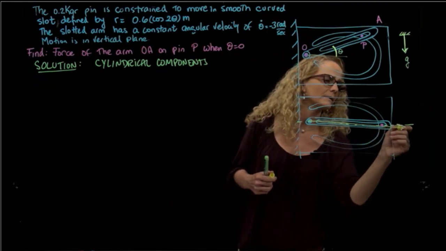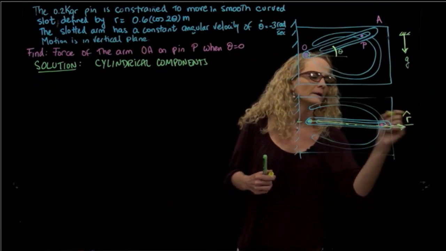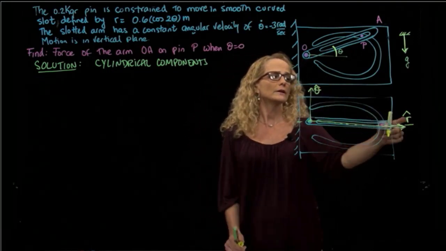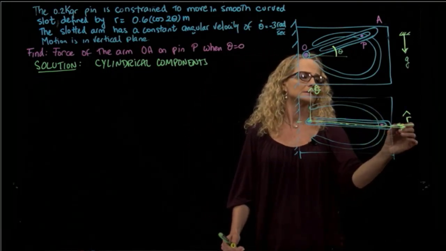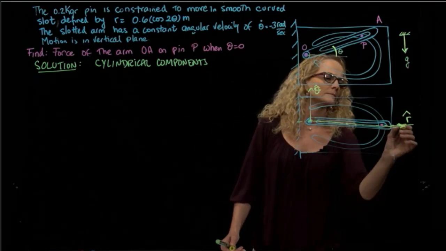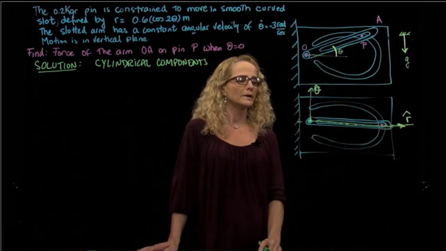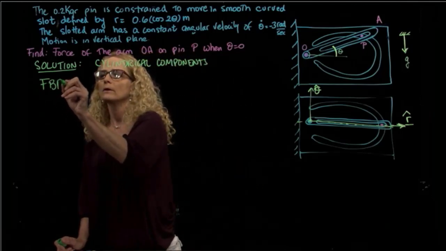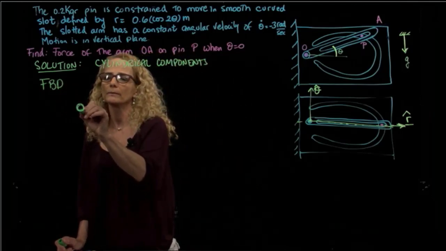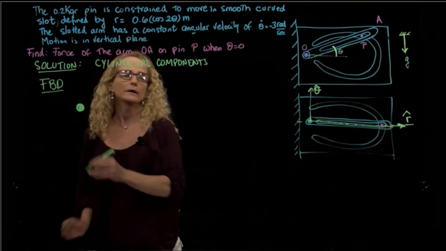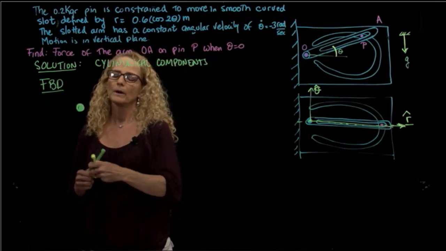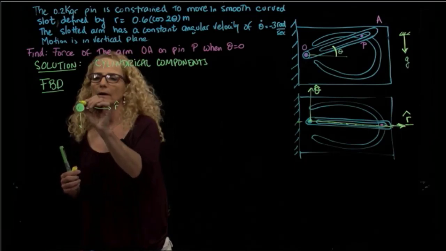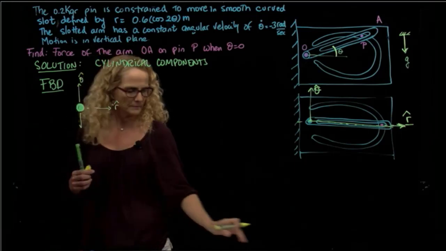This is our r, and that will be our θ. Those are the unit vectors that describe our coordinate system. Once we have chosen our coordinate system, we draw our free body diagram of the particle in the position that we are being asked to calculate. So this will be my r, and that will be my θ.